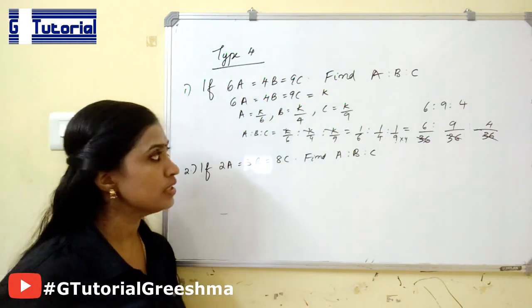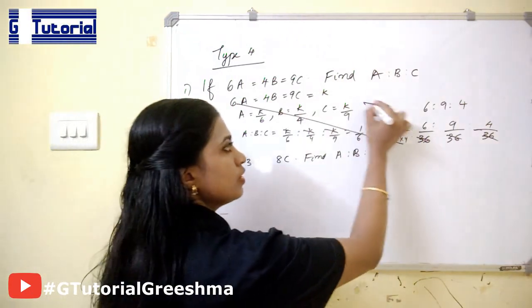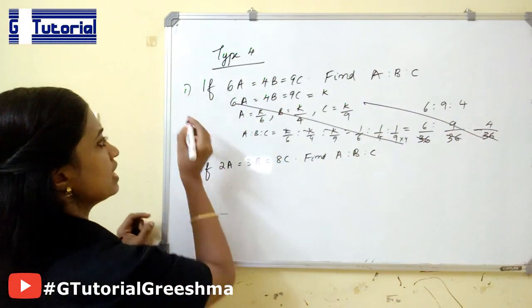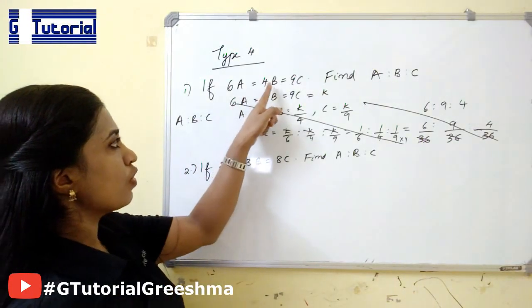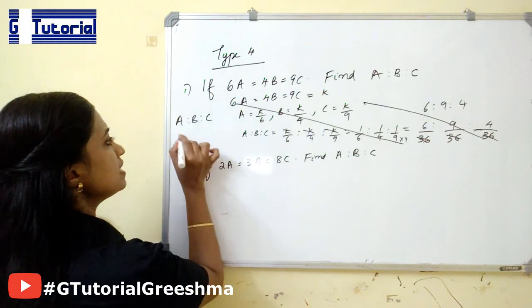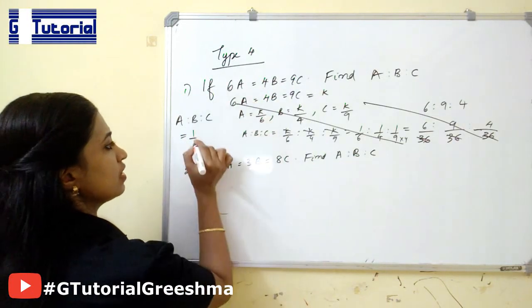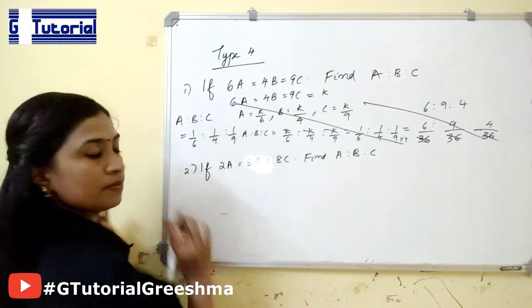What you have to do is you can avoid all these steps. If 6A is equal to 4B is equal to 9C, then A is to B is to C is just 1 by 6 is to 1 by 4 is to 1 by 9.